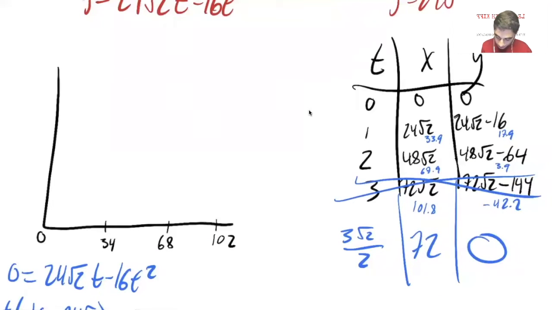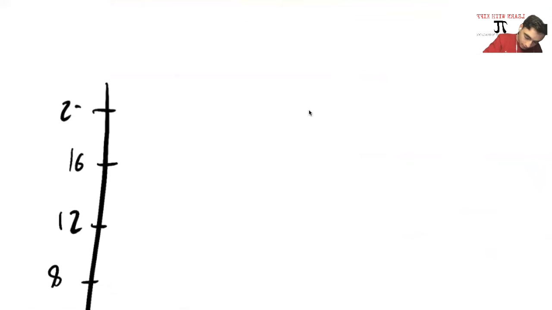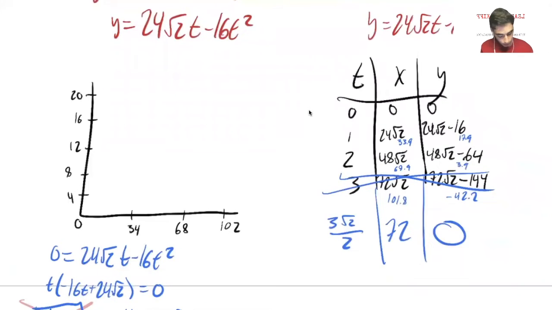Not very helpful, but we can go by 4, I'd say. So if I go 4, 8, 12, 16, 20. Okay. So far, so good. We can do that because x equals 0, y equals 0.